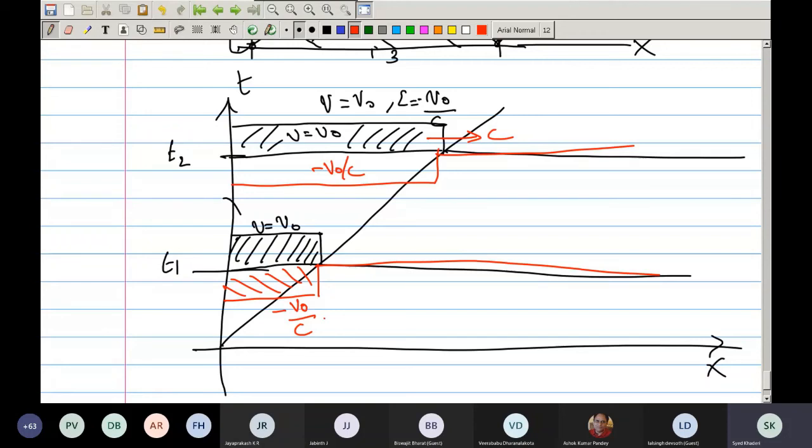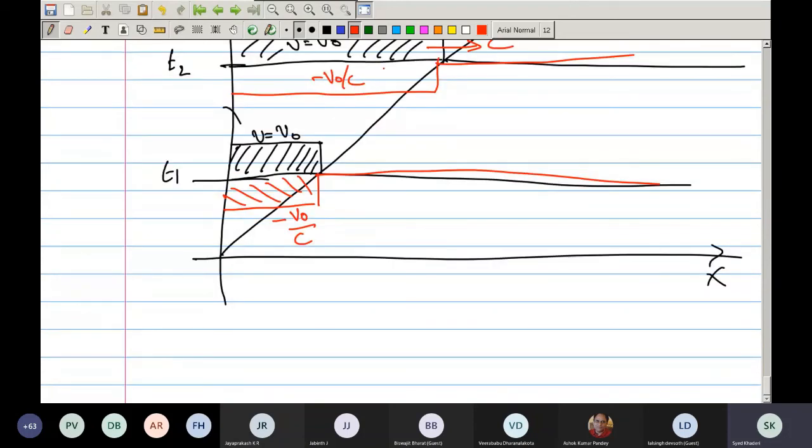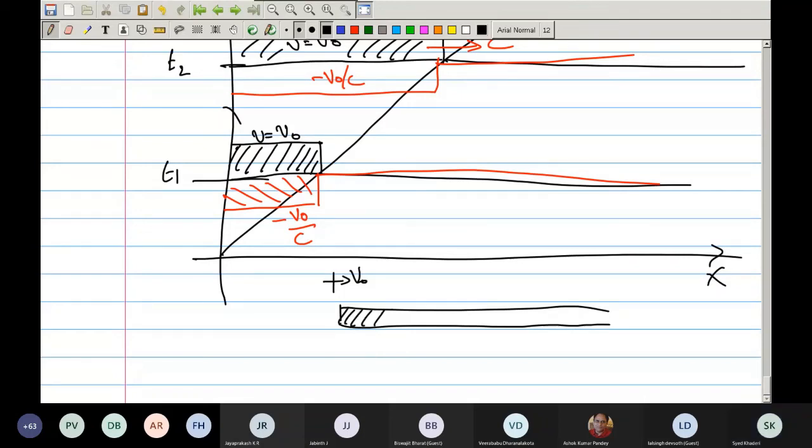In simple terms, let's say as a summary, you have a bar, and you apply an initial velocity v0 at the end of it. At time t equal to t1, this region has length c into t1.